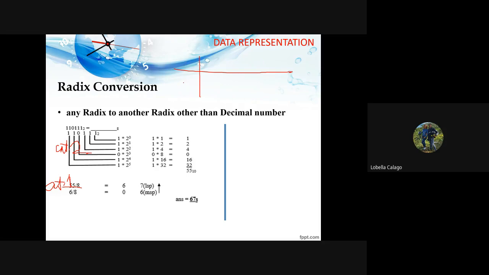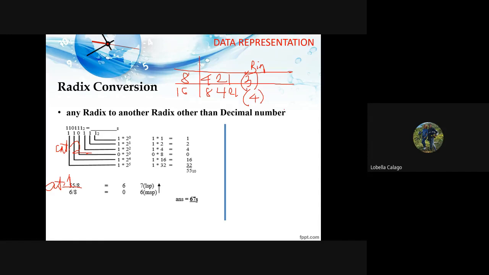For octal, we're going to deal with 4 to 1. So, bale, tatlong i-divide pag binary ang given. Pag binary ang given, tatlong category ang i-divide. For 16, we're dealing with 8, 4, 2, 1. So, pag binary ang given, divide mo yan by 4.